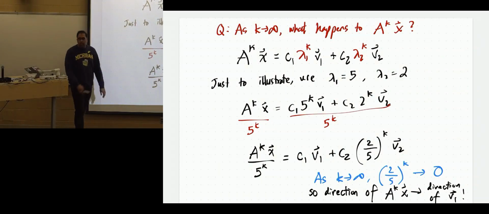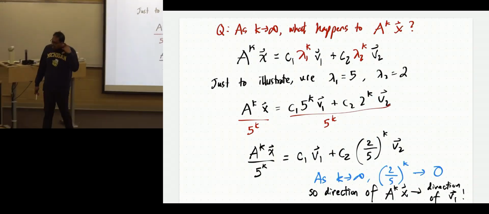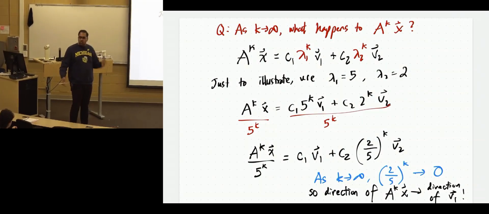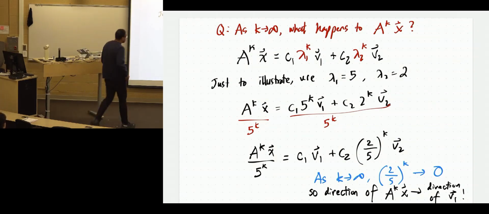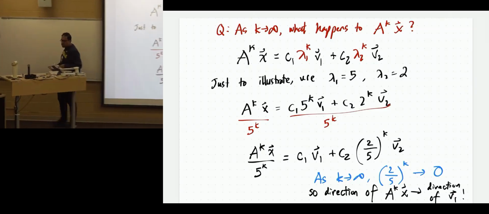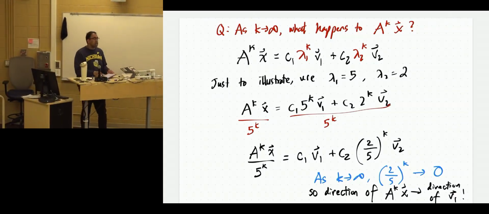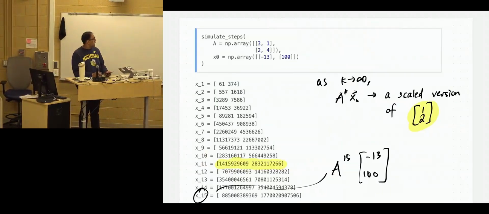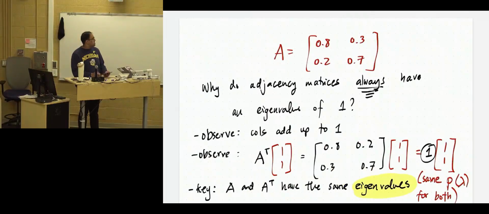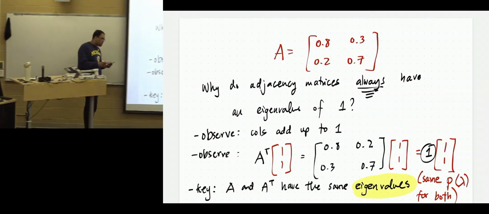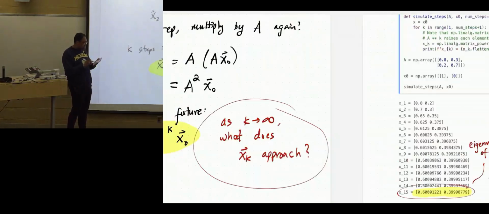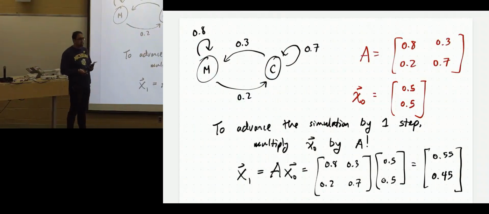Okay, so it turns out with any matrix, the eigenvector corresponding to the biggest eigenvalue tells you a lot about how the matrix works in these sort of dynamical systems. The dynamical system we care most about is an adjacency matrix for which the biggest eigenvalue is 1. So just to recap, an adjacency matrix is defined by having non-negative entries and columns that add to 1, and it represents a Markov chain, which is a system like this one.